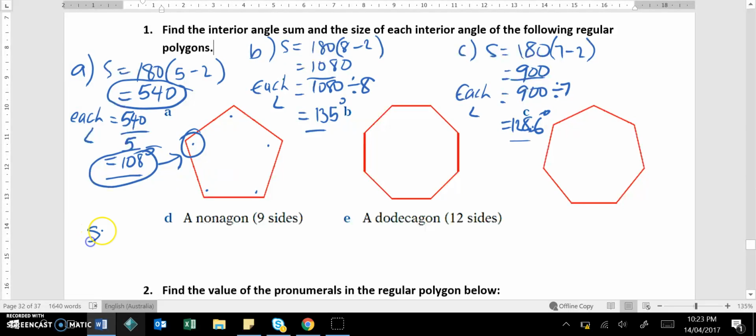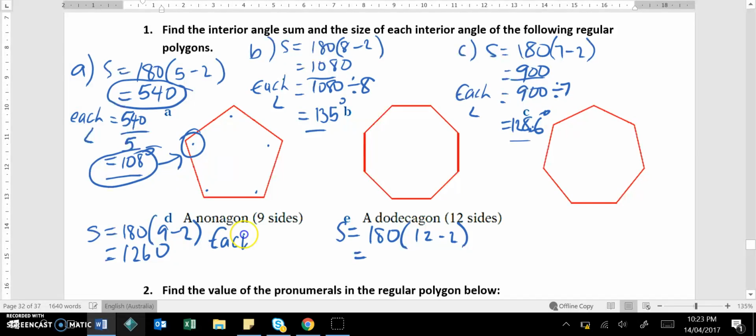For part D, the angle sum, a nonagon's 9 sides, so it would be 180, 9 minus 2. Dodecagon would be 180, 12 minus 2. Okay, and the answers to those when you type them in, you have 1260 for this one, and then for each you'd be doing 1260 divided by 9, which is 140 degrees.